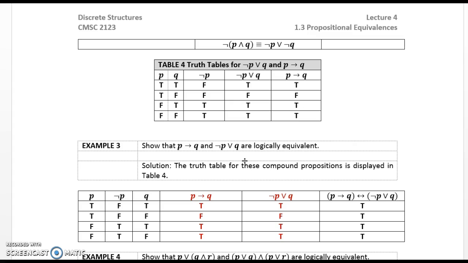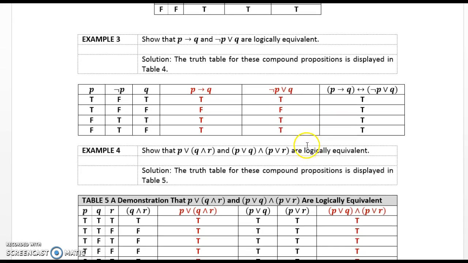Table 4 shows the truth values for not P or Q, and P implies Q, and we see that this too is a tautology. Show that P implies Q and not P or Q are logically equivalent.